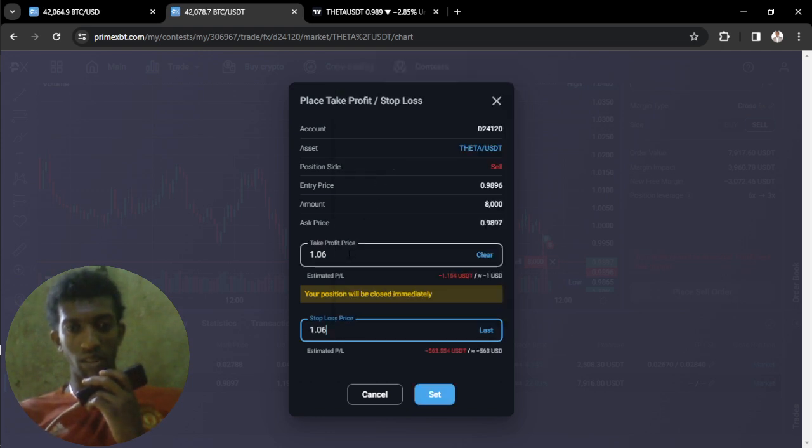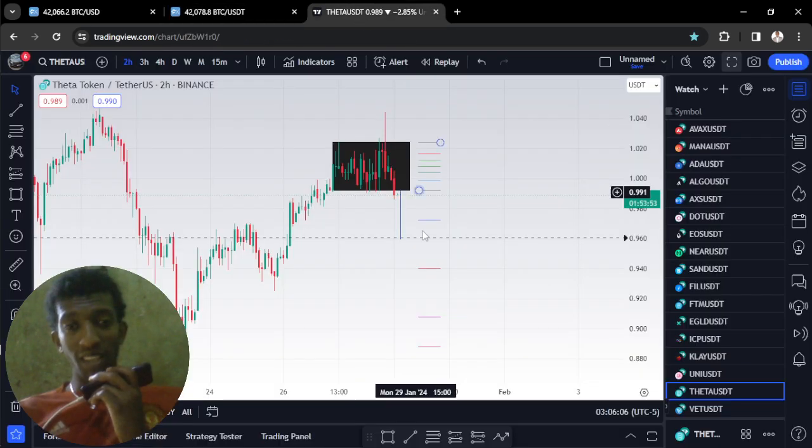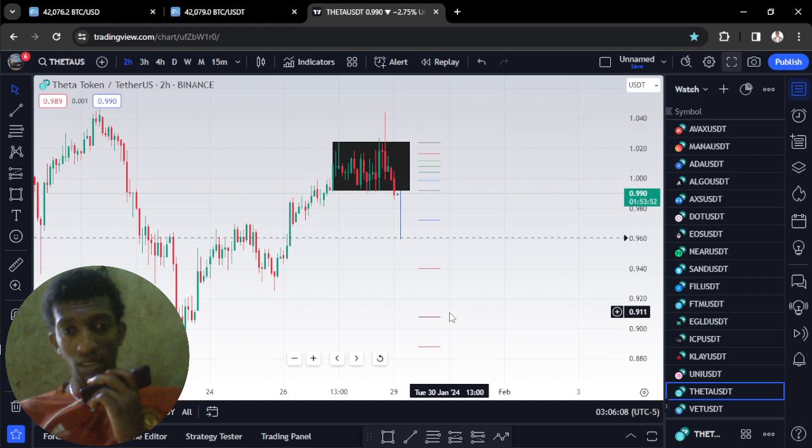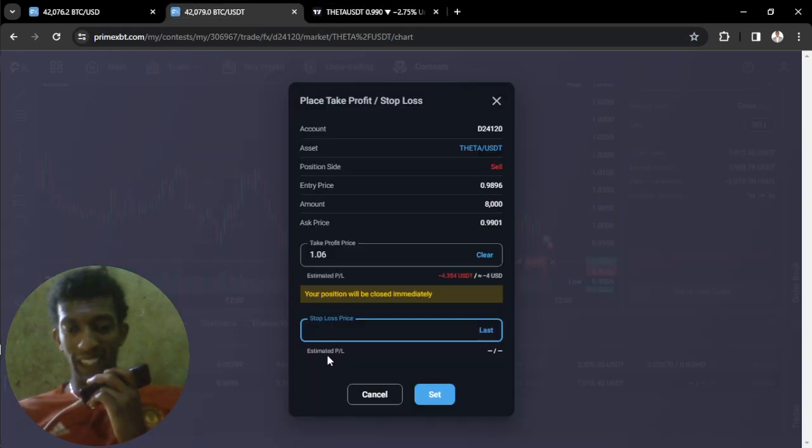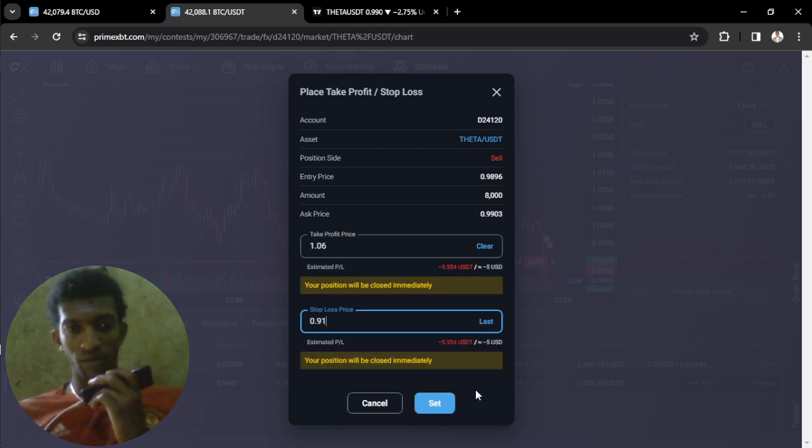TP will be right. No, take profit is only going to be at 0.91. 0.91. My goodness, what the hell is going on? 0.91.